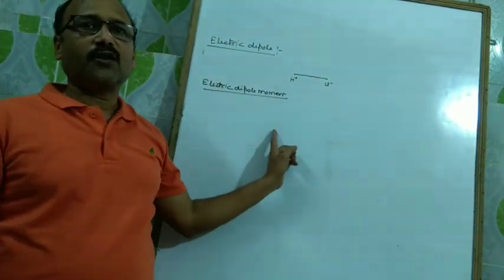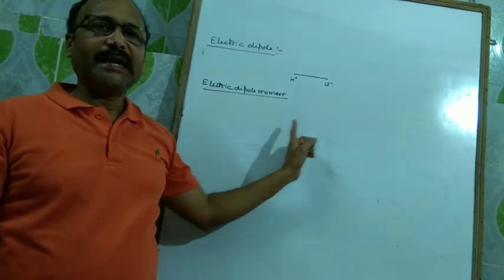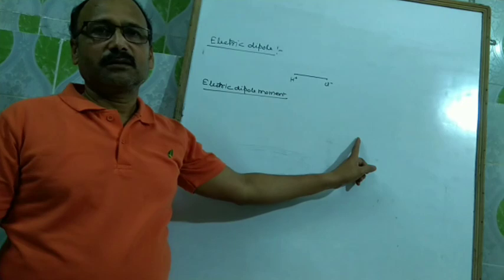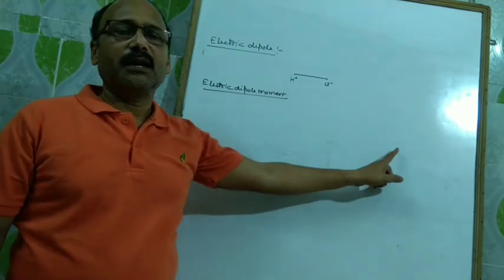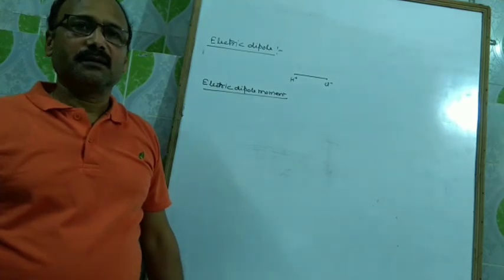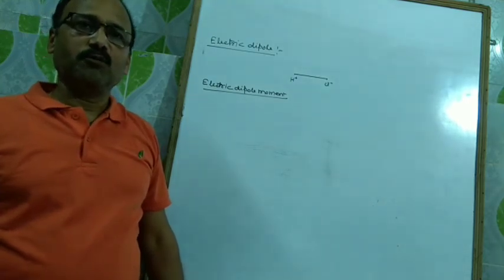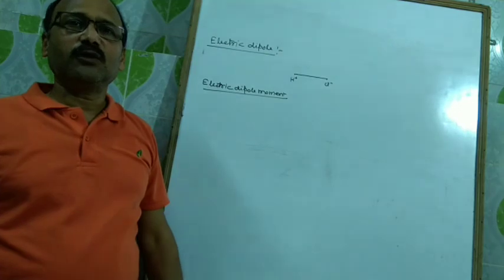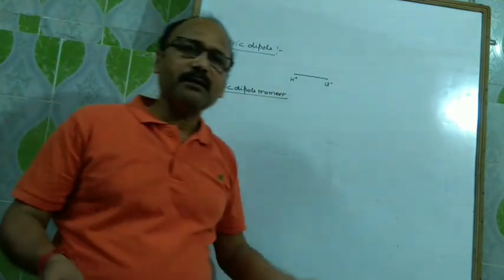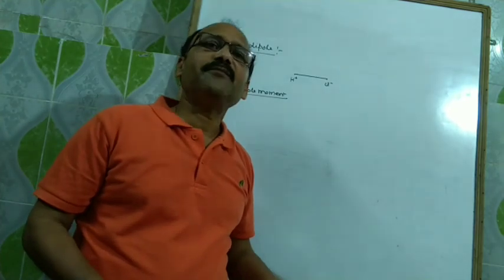The product of the magnitude of either charge with the length of the dipole is known as electric dipole moment. It is denoted by P, vector P. Vector P, why? Because it is a vector quantity.